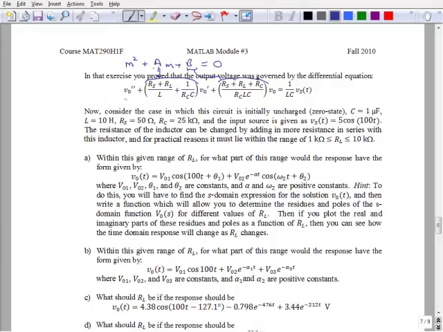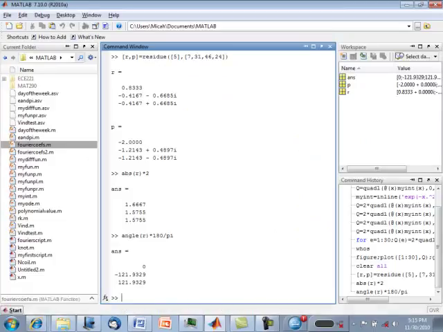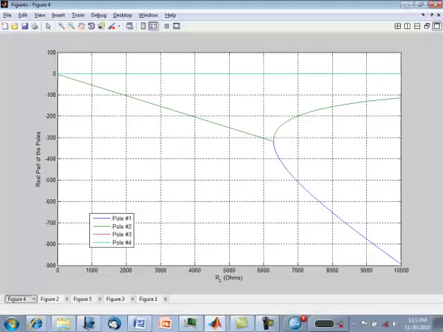For pole number 4, you can see the real part is always 0. Poles 4 and 3 overlap, and the real part is always 0. Then poles 1 and 2 overlap for this first part, and at this point, just over 6,000, they begin to split off.